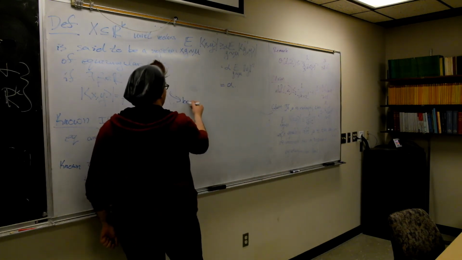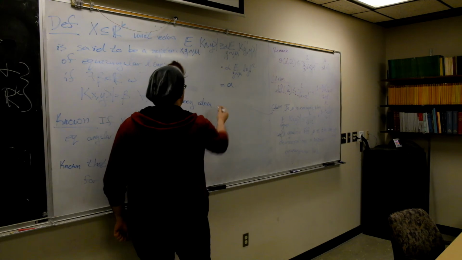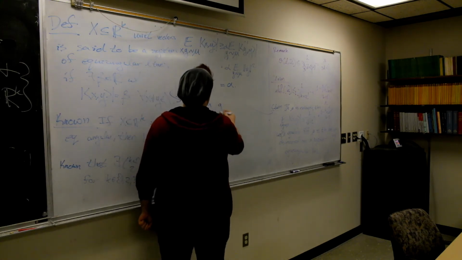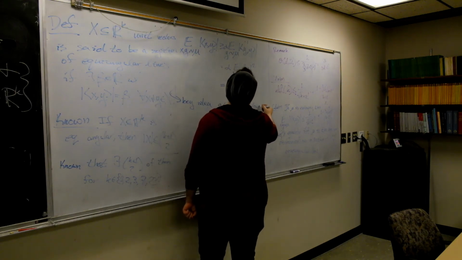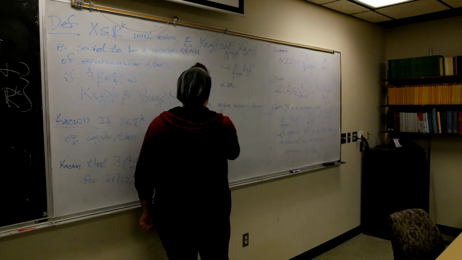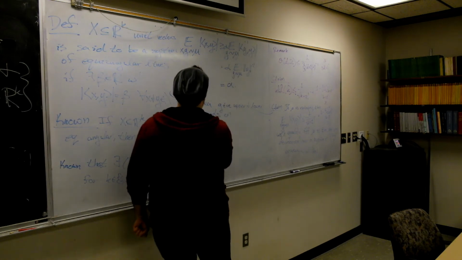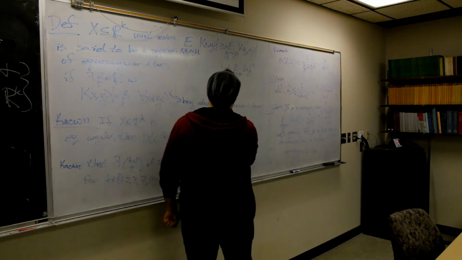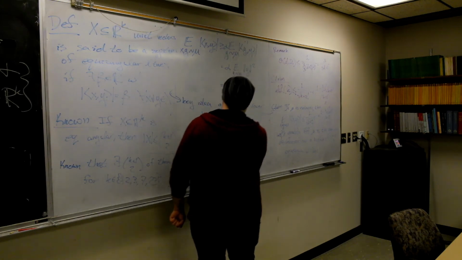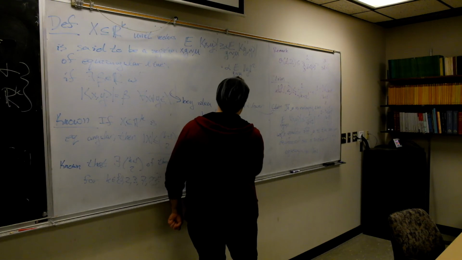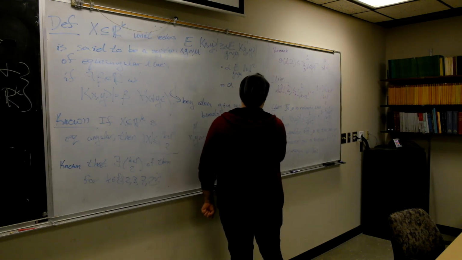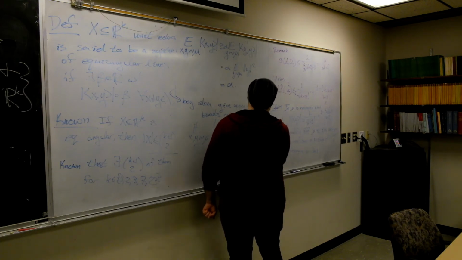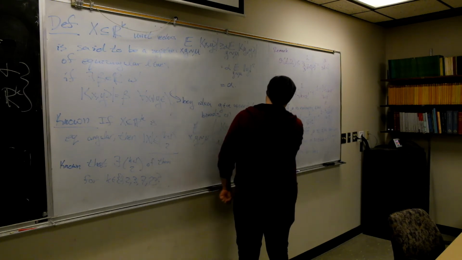So the key idea is to give upper and lower bounds on the following thing: the expected value, for x and y distributed according to mu, of the inner product of x and y, minus the square root of norm x, norm y, over k plus 2, squared.